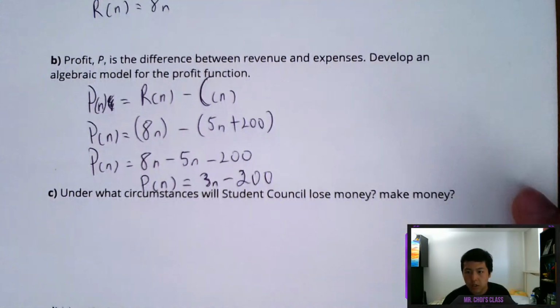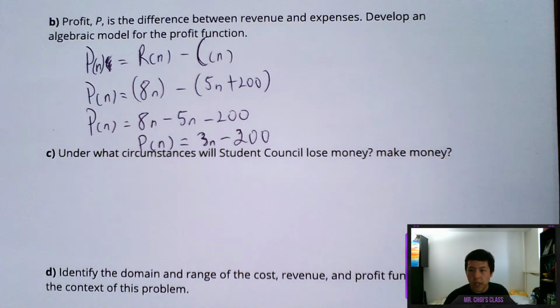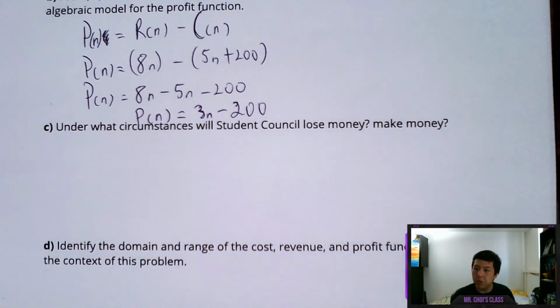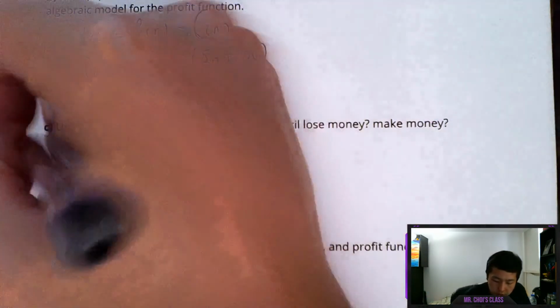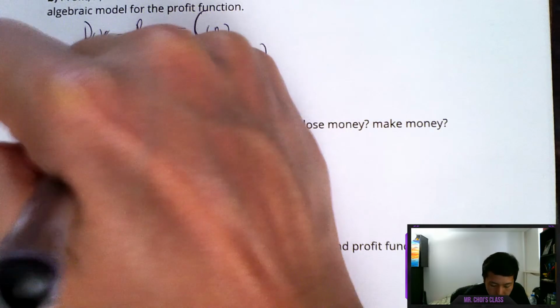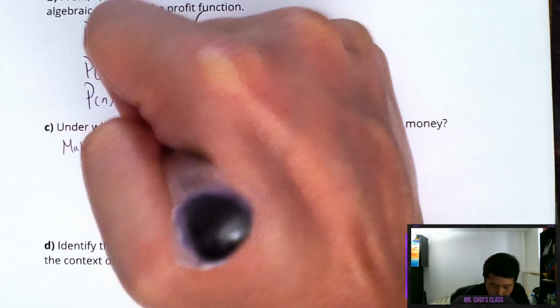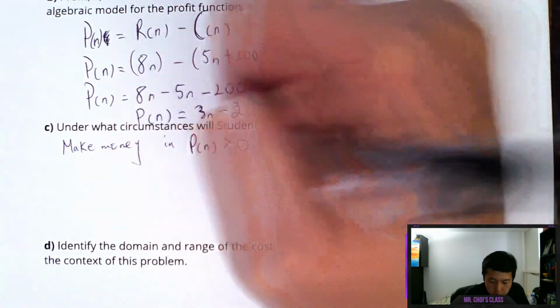Okay, so there we have it. So now part C asks us, under what circumstances will student council lose money, or when will it make money? So pretty simple. Profit of 0 means that they make or lose no money, which means making money is P of n is greater than 0.